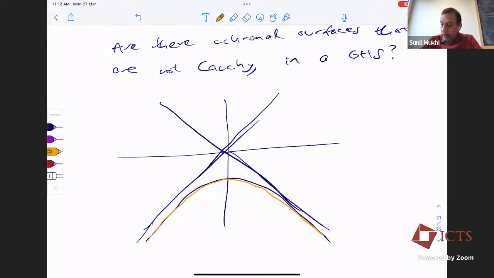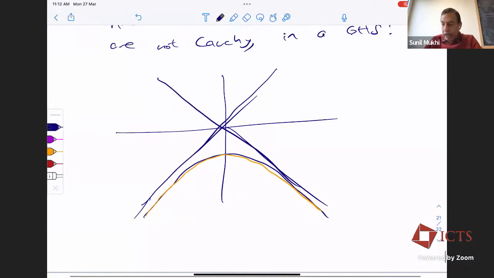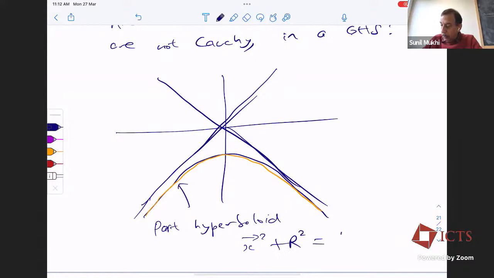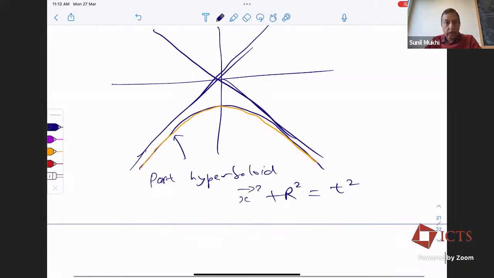And you can obviously see what I've drawn. It's basically the past hyperboloid, and it's defined by saying that x squared plus r squared is equal to t squared.